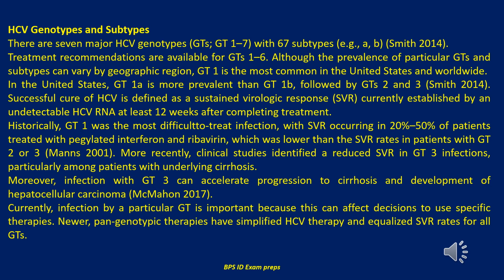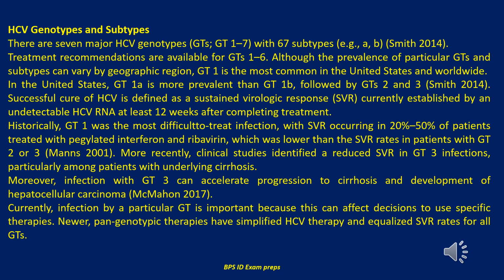Successful cure of HCV is defined as a sustained virologic response, abbreviated as SVR, currently established by an undetectable HCV RNA, at least 12 weeks after completing treatment. Historically, genotype 1 was the most difficult to treat infection, with SVR occurring in 20% to 50% of patients treated with pegylated interferon and ribavirin, which was lower than the SVR rates in patients with genotype 2 or 3, according to Manns 2001.